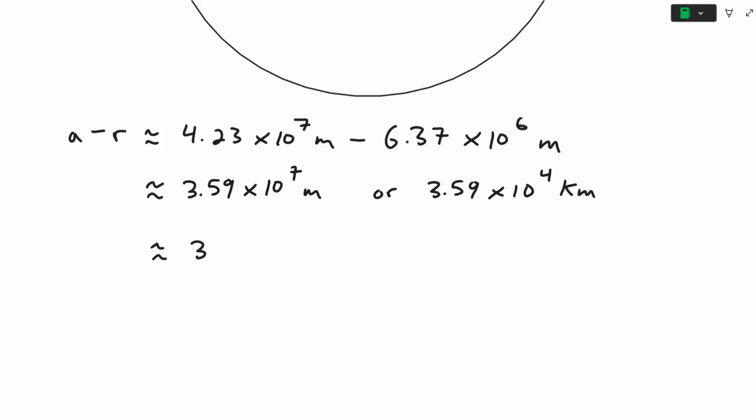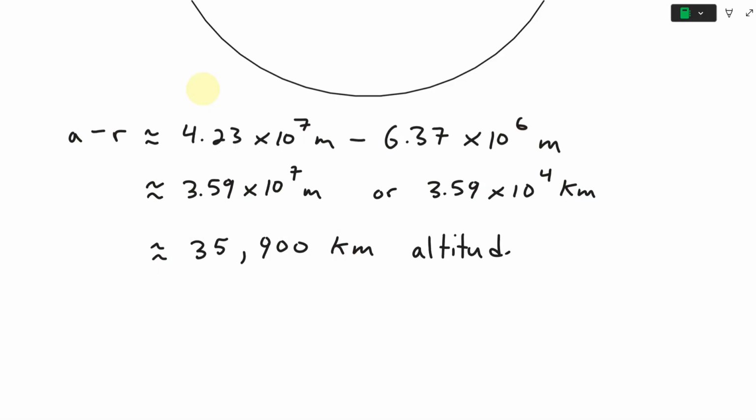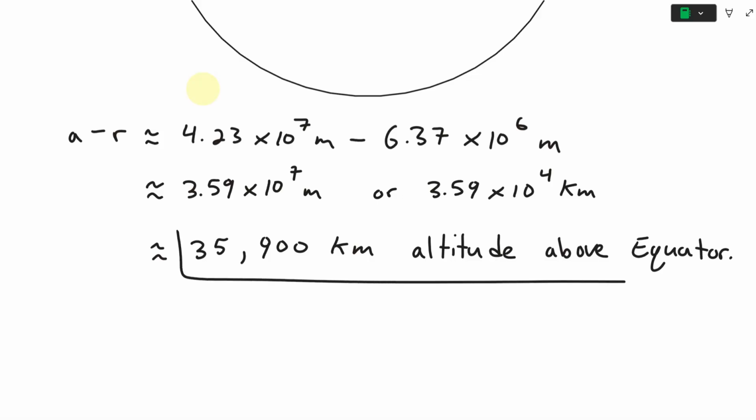We're going to get 35,900 kilometers altitude. And this is altitude above Earth, I'll say above the equator. All right. Let's circle this.